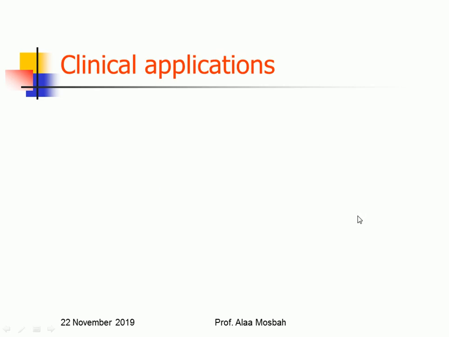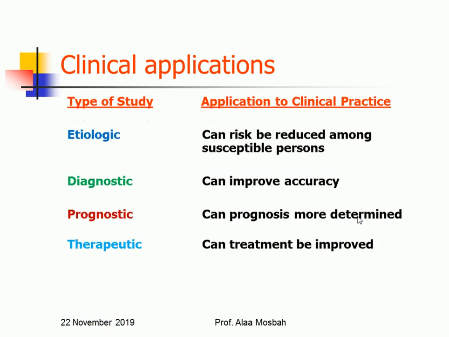Okay, why are you doing all these researches and studies? What are the clinical applications? Clinical application may be etiologic, diagnostic, prognostic, or therapeutic. Etiologic: can risk be reduced among susceptible persons? If we did research and know the etiology of a disease and we can prevent it, then this risk can be reduced among high risk persons.